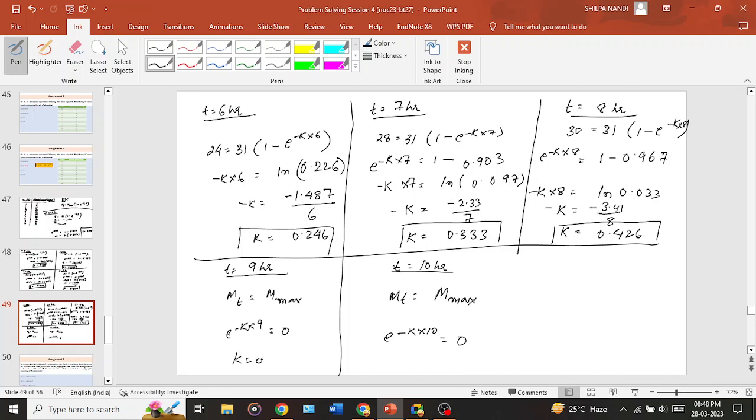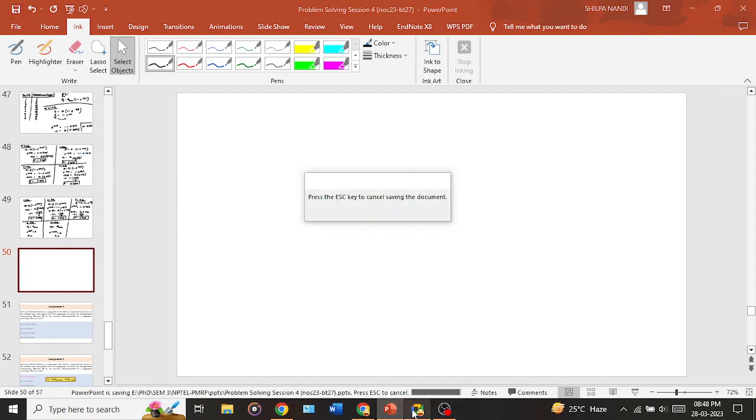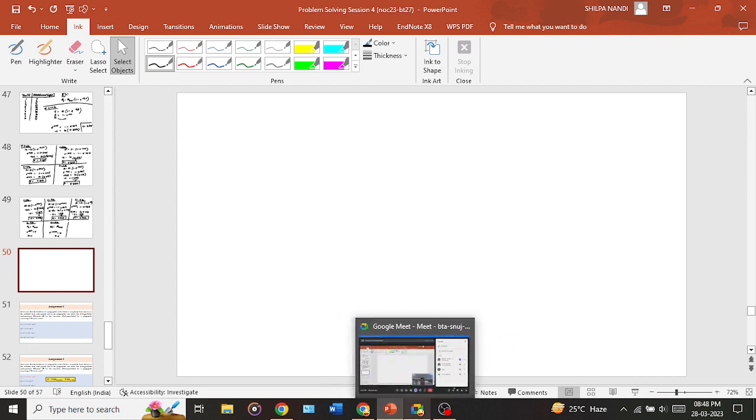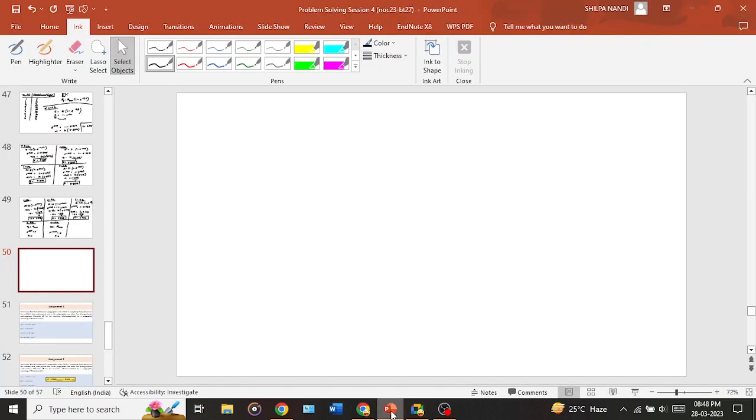So k will be 0 here, right? If we look at all the rate constants and try to average them out, we will get your k. That is the answer to the question.